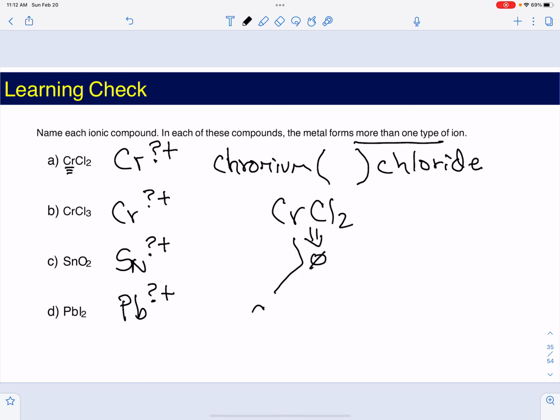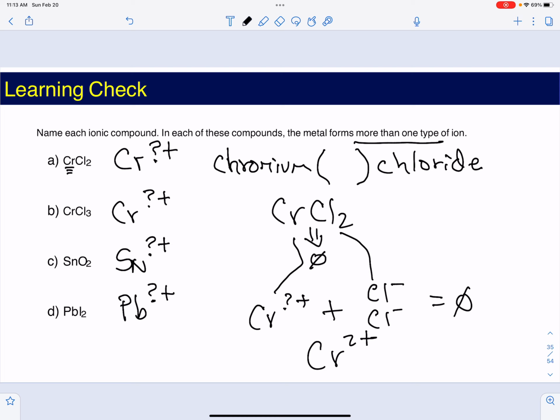The chromium, I do not know how much it is, but the chloride from the periodic table I know is negative, and I have 2 of them. So this chromium, for this to be 0, is going to have to be 2 plus. Therefore, Roman numeral 2. Let's do the next one.